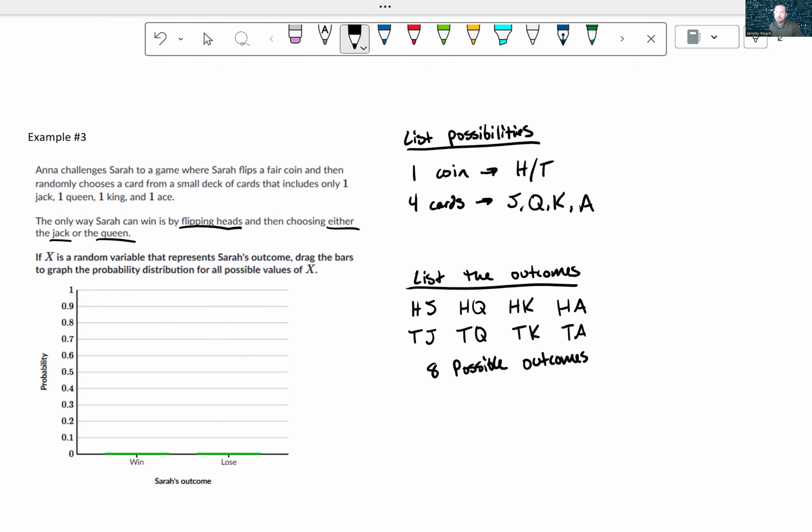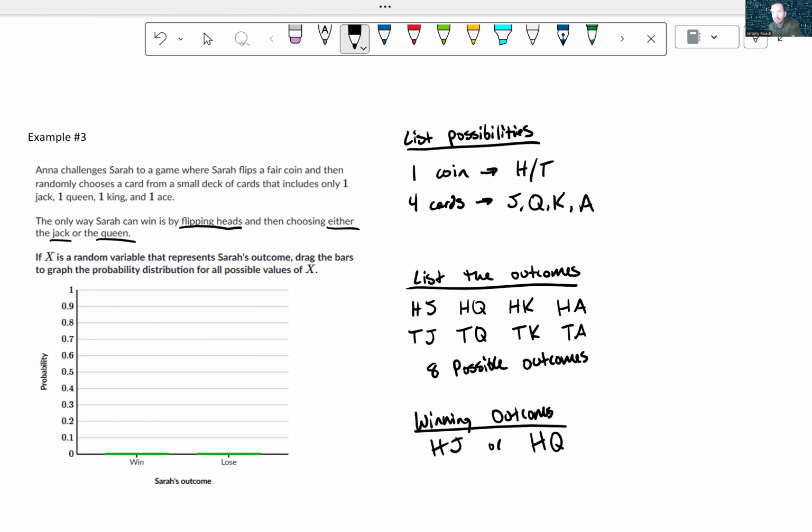Okay, now we want to identify the winning outcomes. So the winning outcomes are heads, jack, or heads, queen.